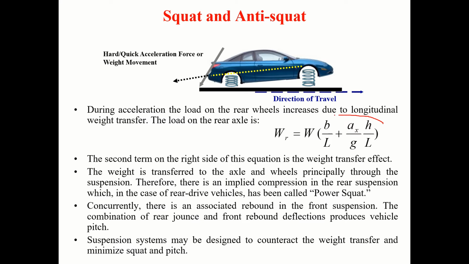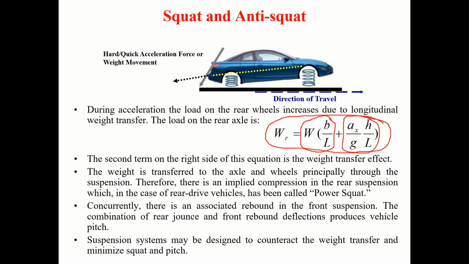You see here, during acceleration, this is the load on the rear. This part is the static load with the usual conventions defined, and W into this is what you call the dynamic load. The second term on the right hand side of this equation is the weight transfer effect. The weight is transferred to the axle and wheels principally through the suspension.